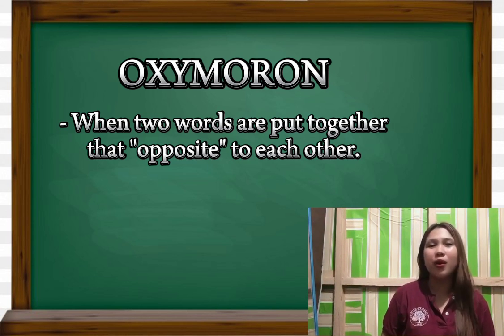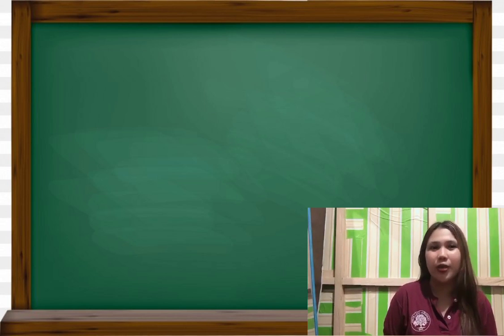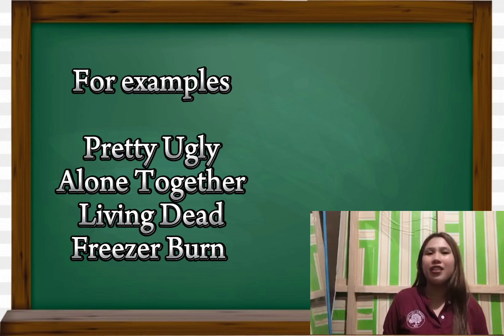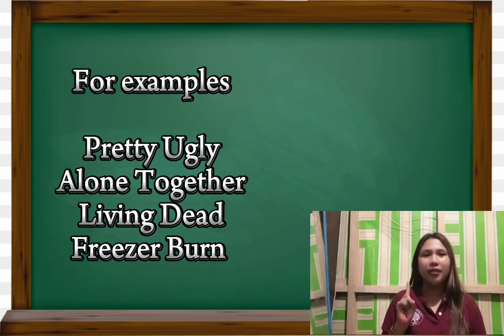When we say oxymoron, it is two words put together but opposite to each other. For example, pretty ugly, alone together, living dead, and freezer bird.